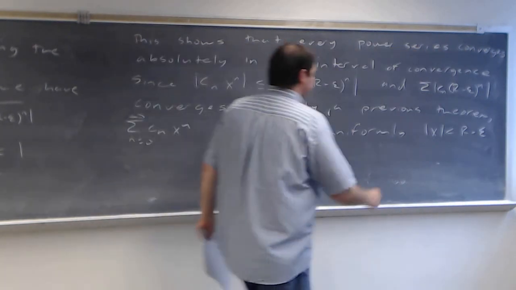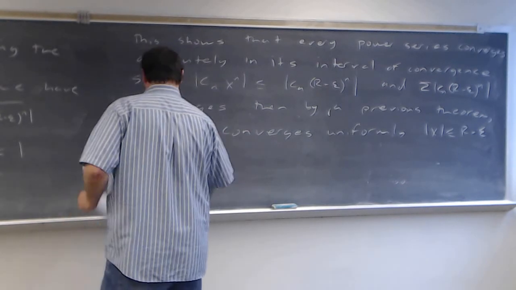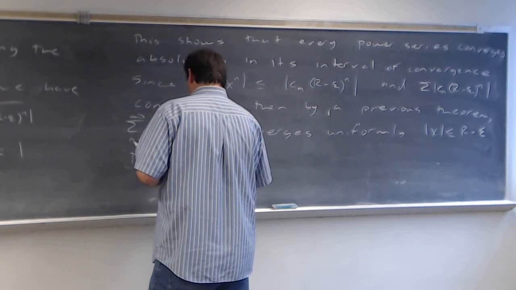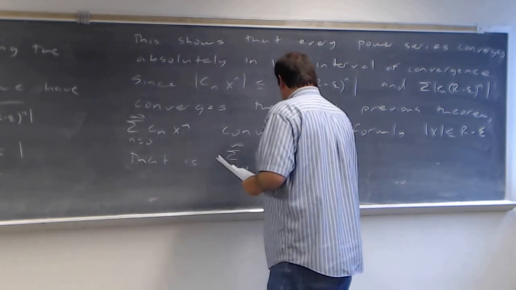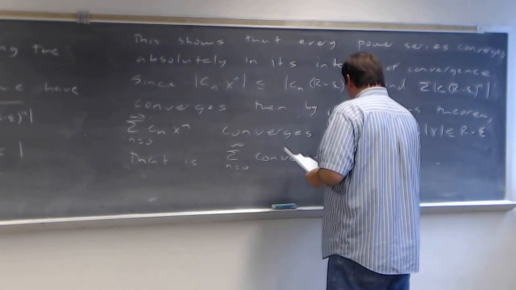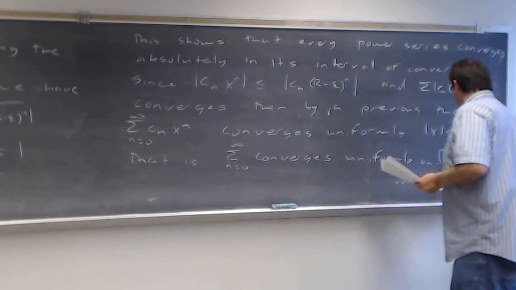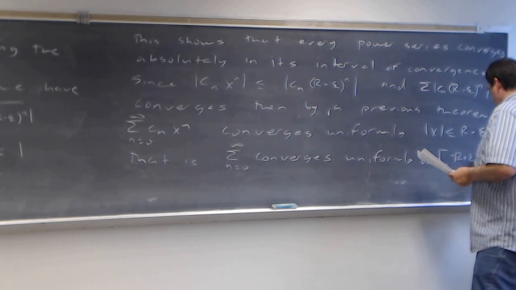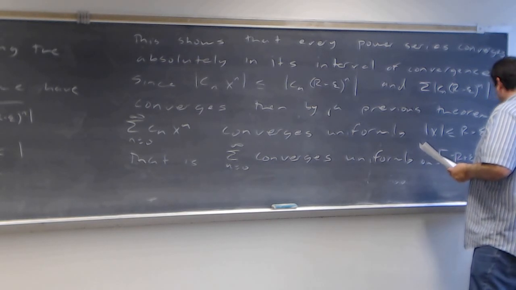That is, the sum as n runs from 0 to infinity converges uniformly on minus r plus epsilon up to r minus epsilon.